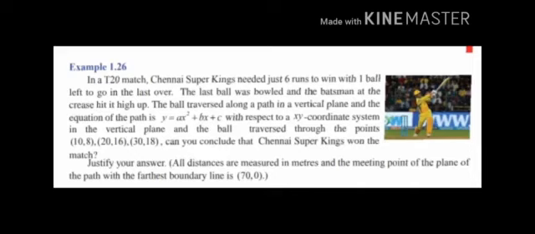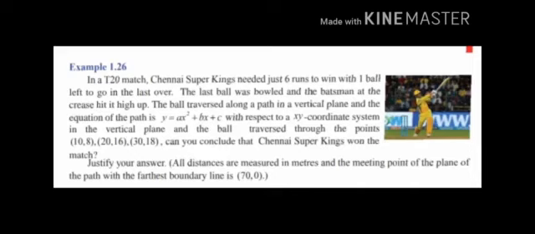And the concept they have explained in this statement is, when he is hitting, the ball travels through the equation y equal to ax square plus bx plus c, and through this path we are going to have the points 10, 8, 20, 16 and 40, 22.